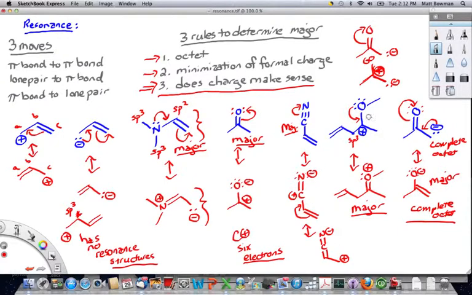What makes this one bad? Not just the sloppy drawing, but this is a case where you have a C+ and a C- on the same molecule. Do not draw that. Those make very bad resonance structures.